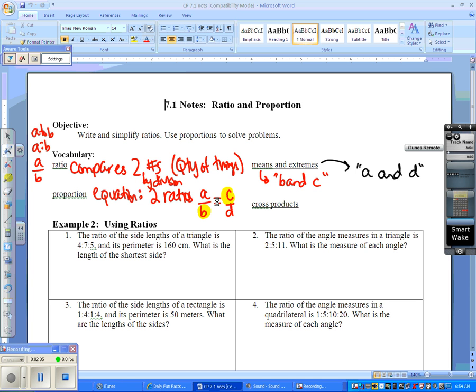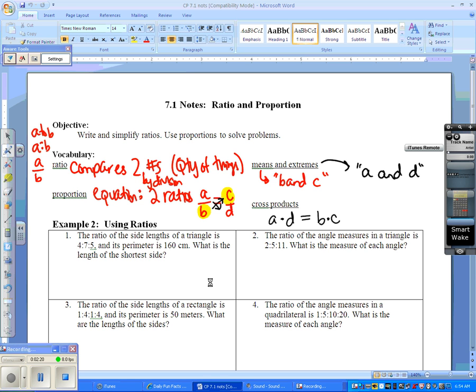If you cross multiply, A times D, the extremes, is going to equal the product of the means together. I think you guys have done this before.